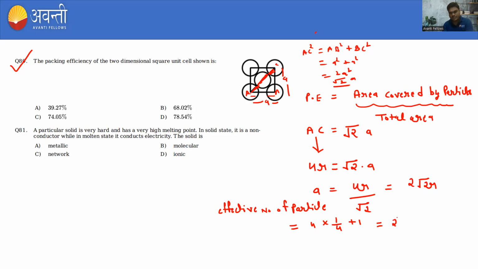So this is equal to 2. The effective number of particles here is nothing but 2. So what is the area occupied? The area occupied by the particles is 2 into pi r square.